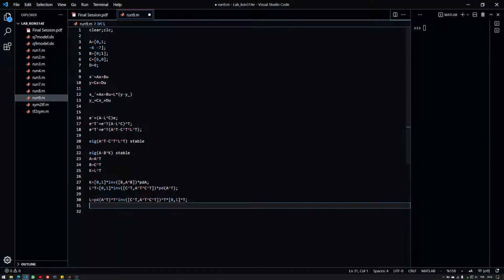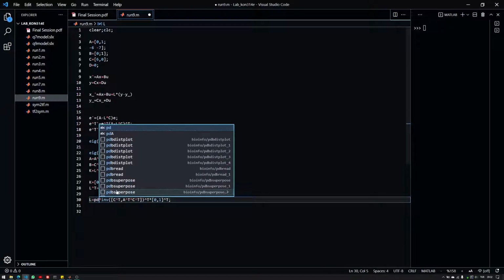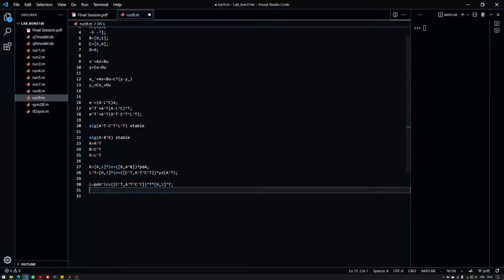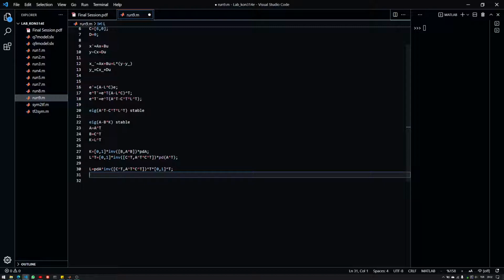So at this point it is quite easy to show that this transpose will reduce down to PDA, which is not really that important. But it is also interesting that we can somehow work our way out here and get the following. Instead of having this, we will have something like this.